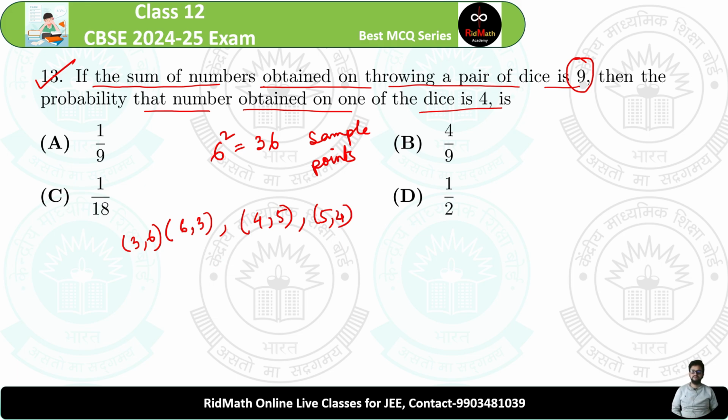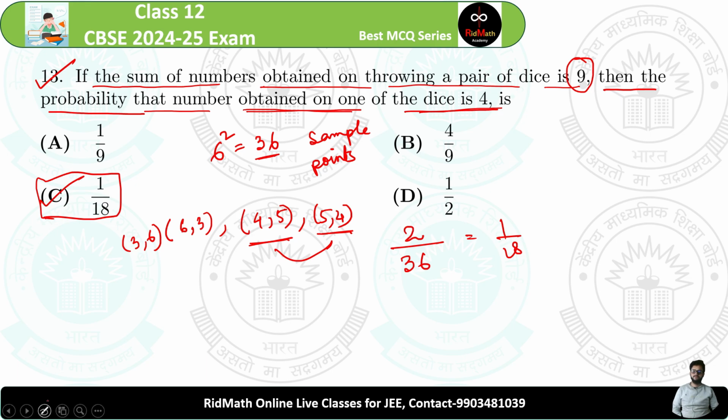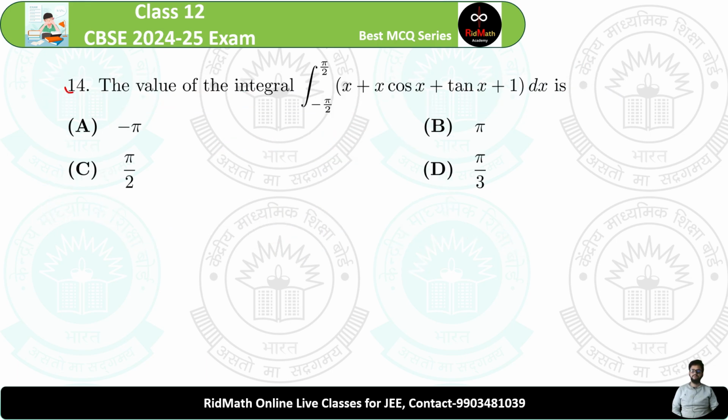Okay, there are no other possibilities of getting a sum of 9 from these two dice. And what is the probability? The probability that the number obtained on one of the dice is 4. So here we are obtaining 4 in one dice and here we are obtaining 4 in one dice. There are two favorable outcomes and total outcome is 36, that means 2 by 36 is the required probability, and this is 1 by 18. So option number C is correct, 1 by 18. Okay, next problem number 14.